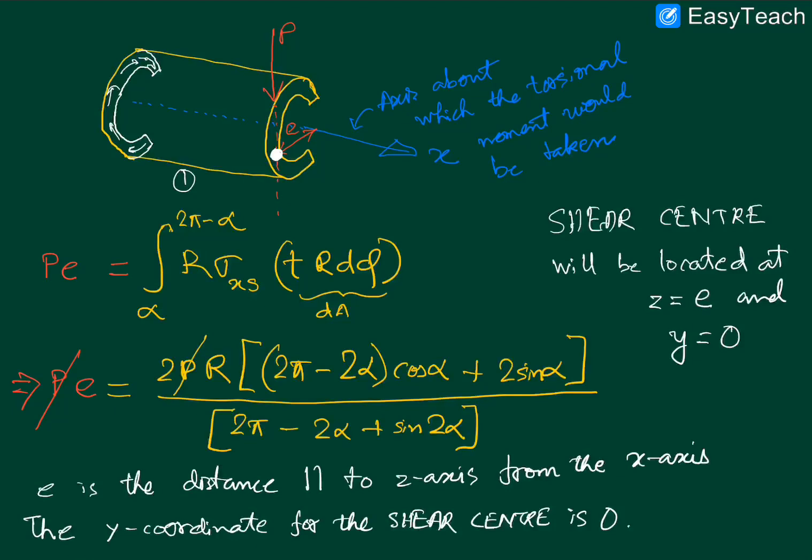Now, as interesting exercises or further simplifications, you can take different values of alpha, like interesting cases where alpha is equal to pi by 2 or alpha tending to 0, and you can see what values you obtain. Please note that I mentioned alpha tending to 0, but not alpha equal to 0, because that would depict a closed thin walled section, and our theory would not be valid for that.